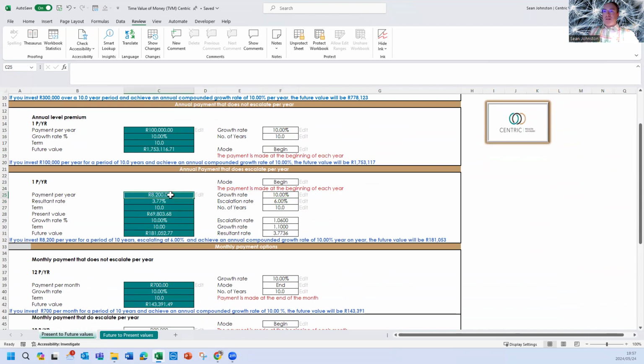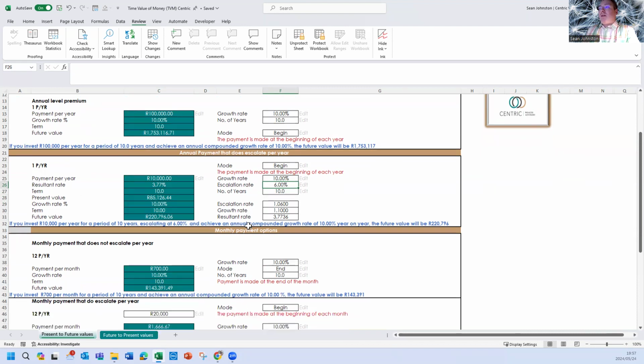So let's keep this simple. And let's say you put 10,000 Rand per year and you escalate that by 6%. In other words, 10,000 plus 6%. In the following year, 6%, 6%, and you do that for 10 years.